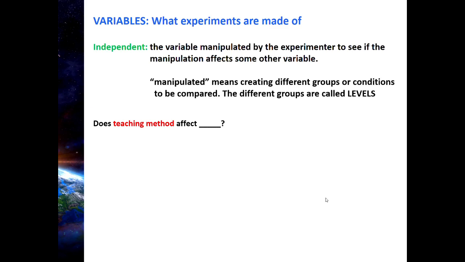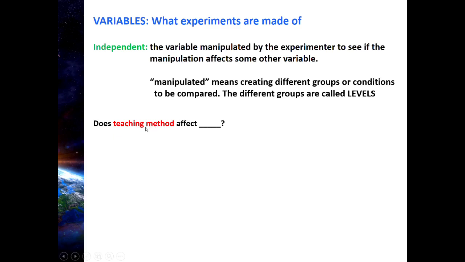So let's start with those examples. Let's say I wake up in the morning and I wonder if teaching method has an effect on, well, I don't know yet. But I think teaching method is going to affect something. Now, in order for me to study teaching method as my independent variable, remember it's independent because I think this is going to have an effect on some other behavior.